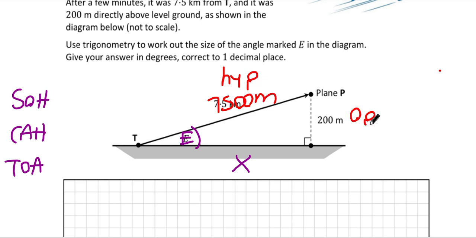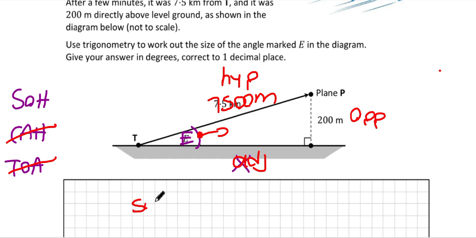We know the opposite because the angle stares at the opposite. Adjacent is the bottom side, which we don't know the value of. So because we don't know the adjacent value, it rules out any of the combinations that have the letter A. And what's the only thing left?